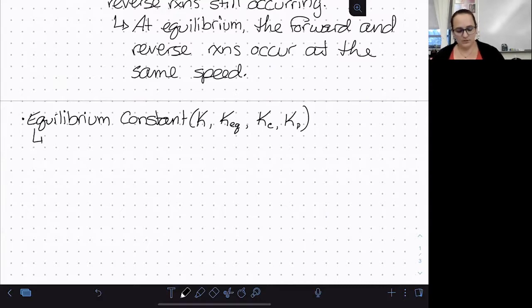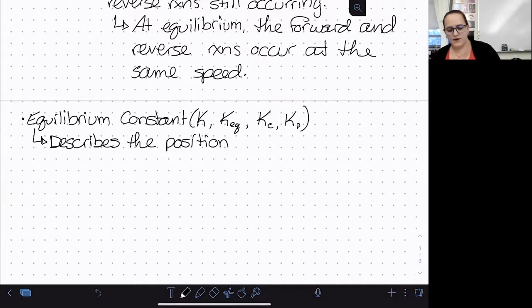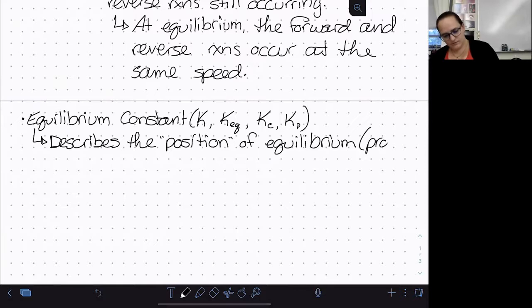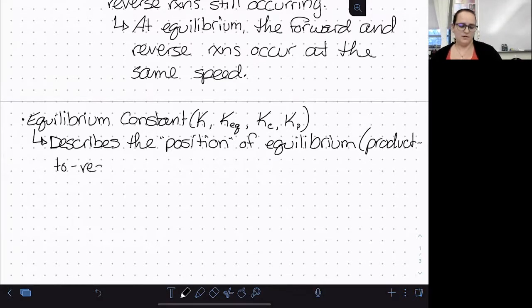So what the equilibrium constant does for us is it describes what's often referred to as the position of equilibrium. It's essentially describing the product to reactant ratio for the state of equilibrium for that reaction.